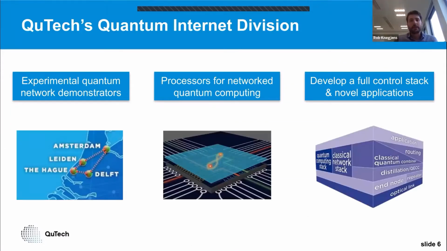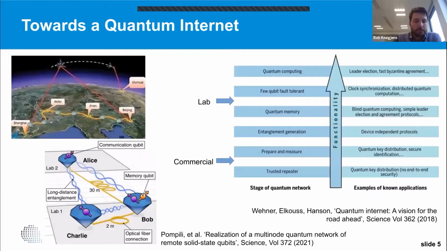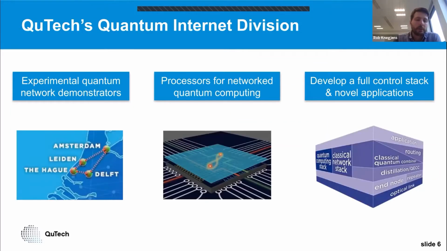So as I was just saying at the beginning of the talk, at QuTech, where I work, is the quantum internet. I work within the quantum internet division, and within that division, we have three main research directions. One is focused on experimentally demonstrating the cutting edge of quantum networking. One of the tasks I showed on the previous slide is trying to achieve an entanglement-based network using memories, and the hope is to be able to build a metropolitan version of that between, at the moment, 4 cities in the Netherlands. The group of Hansen and also Tito are involved in that.